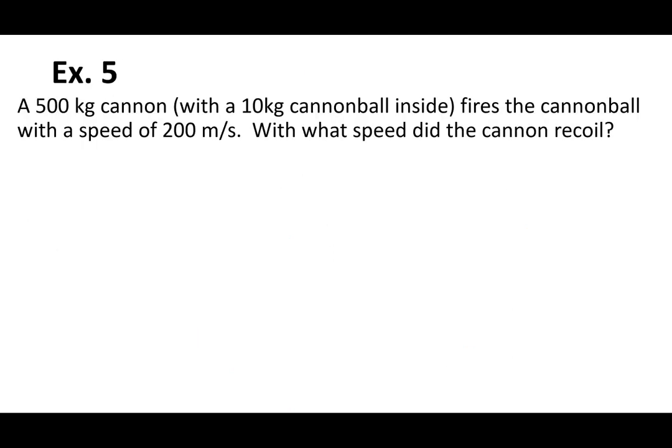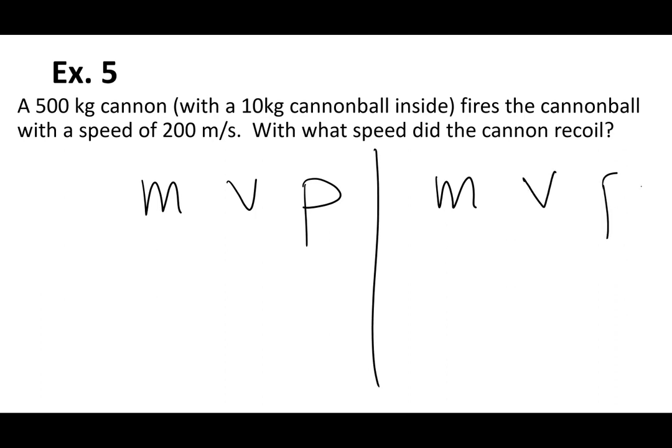So let's do an example. All right, we're going to do the same as we did before: MVP, MVP. We have the cannon, and we have the cannonball. How do we know that this is a recoil example?